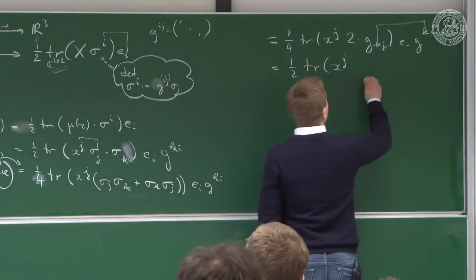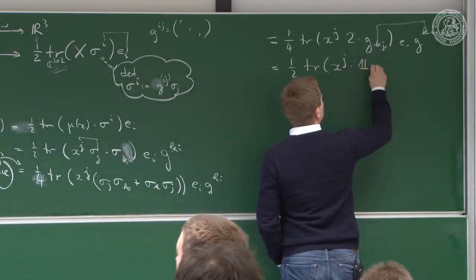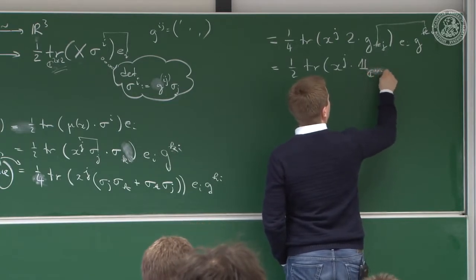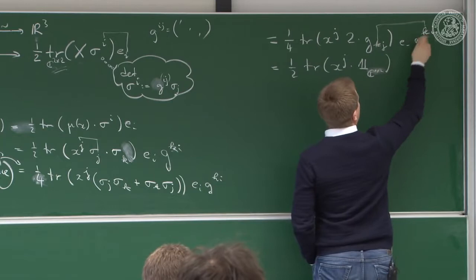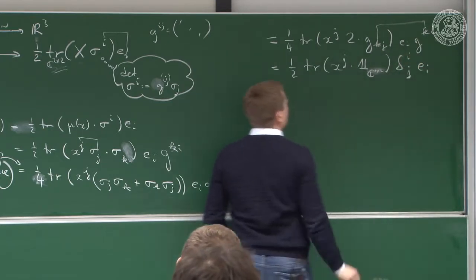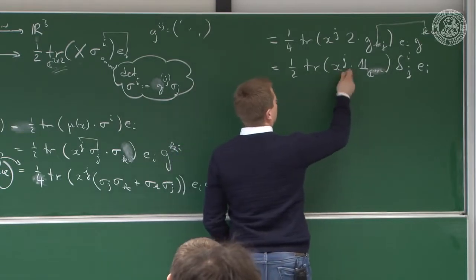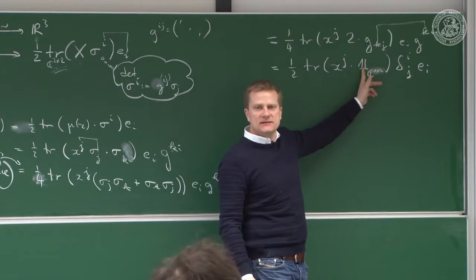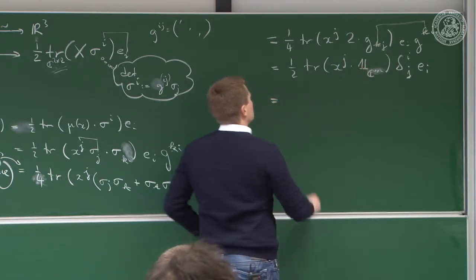So everything goes, and here you have still the identity, 2 by 2 complex, right? And then you have your delta_ij x_j e_i. So the x_j goes out, but the trace over a 2 by 2 complex identity is 2, which cancels this 1/2.